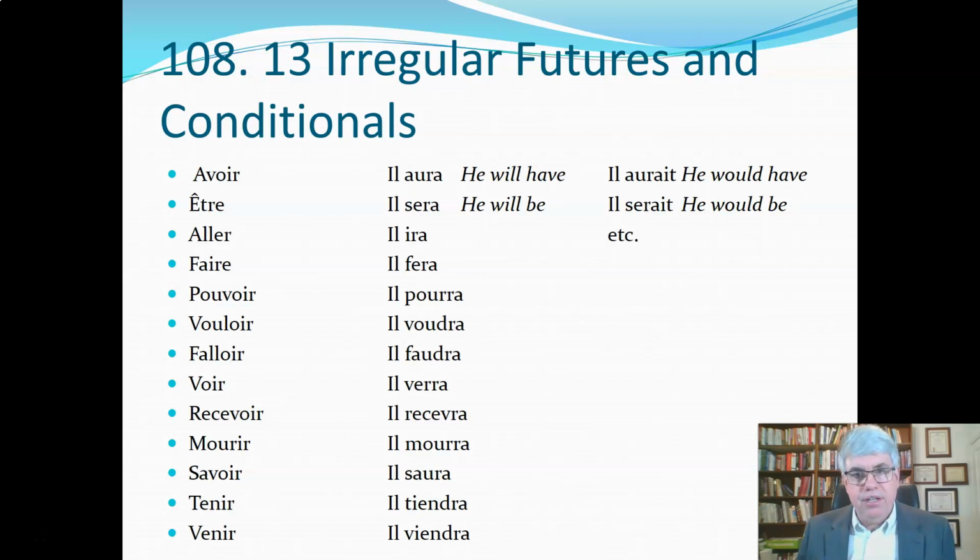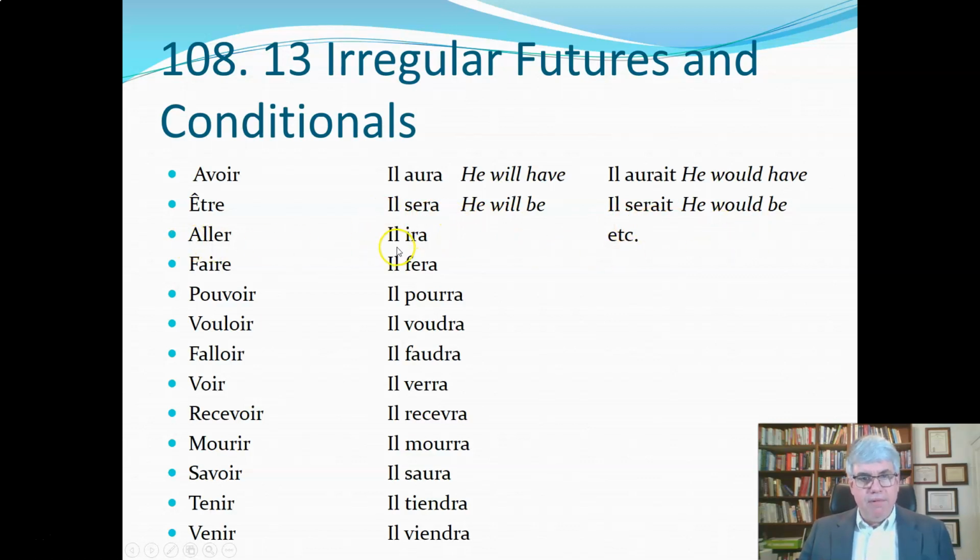And the endings never change. So it's just the stem. Of course, we have avoir and être. Il a is he has, il aura is he will have, il aurait is he would have. Être, we've got an S root. Il sera, he will be. Il serait, he would be.